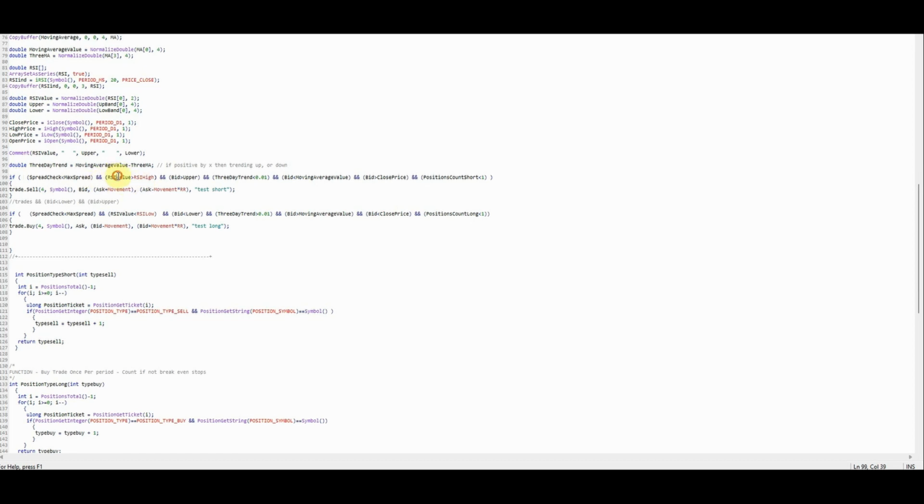So we go and the RSI value has to be greater than the RSI high. Because this is a sell trade, we want to get in at market highs. So the RSI value on the chart at the time of looking for this trade or on the tick needs to be higher than whatever we've set here, which I believe is about 70. Then we go and again, the upper, so we also want the bid to be outside of the upper Bollinger Band.